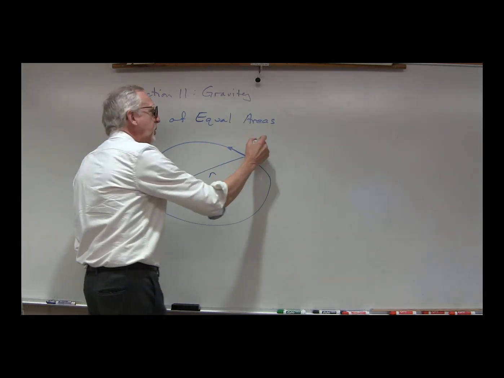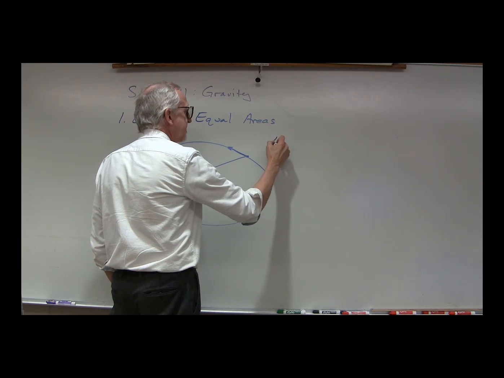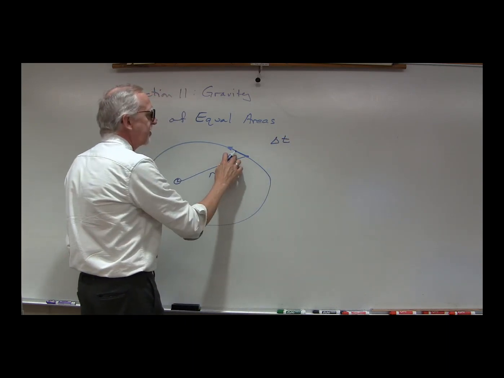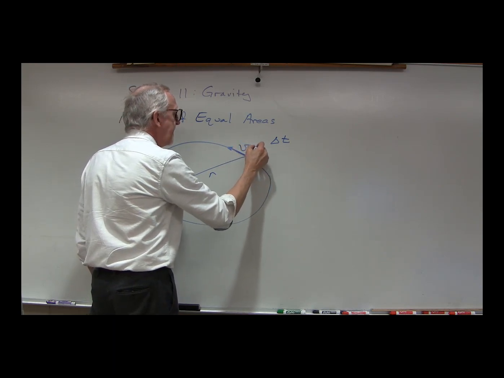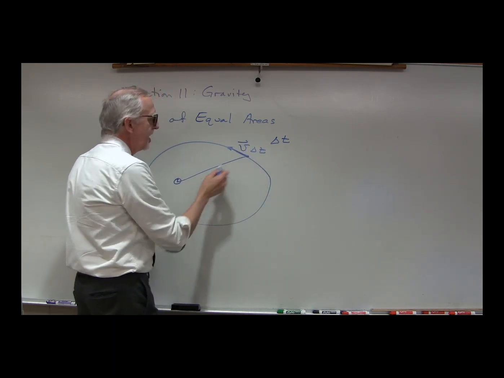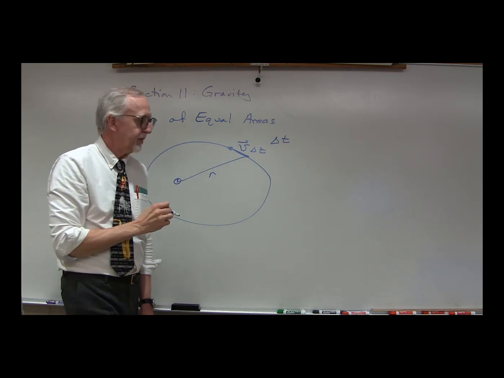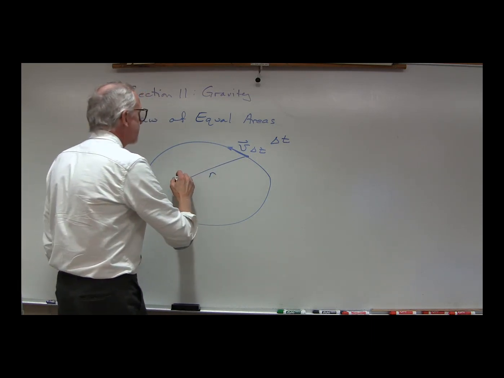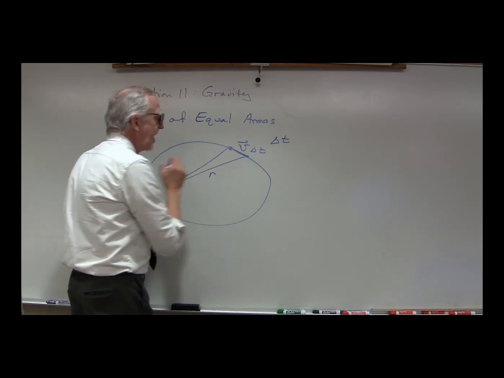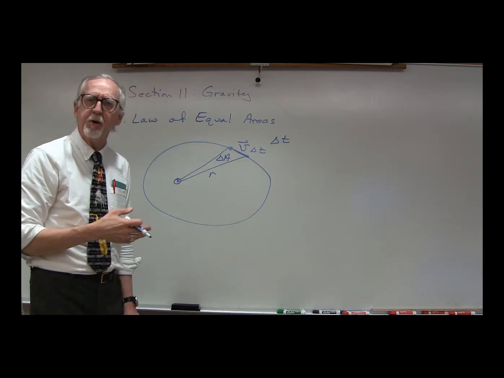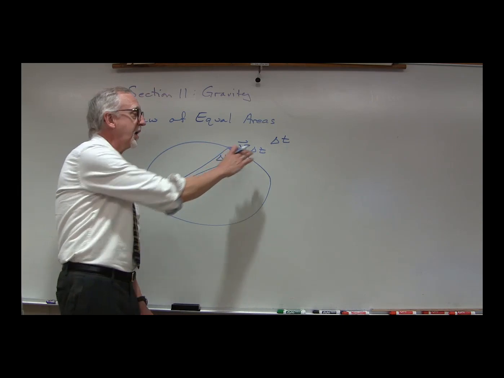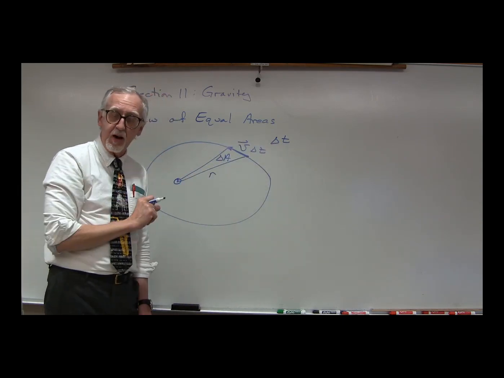So let's imagine we wait some time delta t. Now, if this is the velocity, the planet is going to move a distance of v delta t in some time delta t, approximately. And that line then will sweep out this area. So this is the area, delta A, which is supposed to be constant for any delta t.